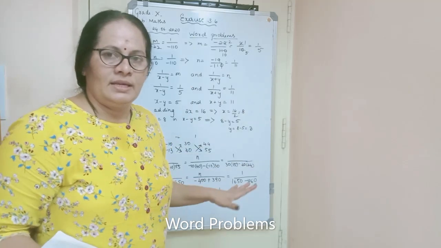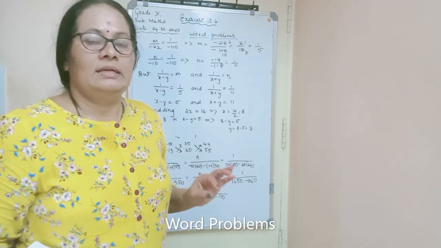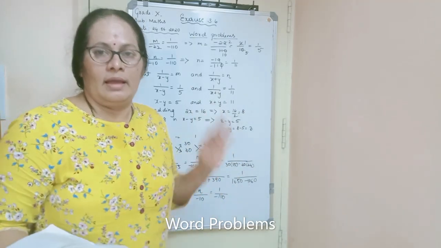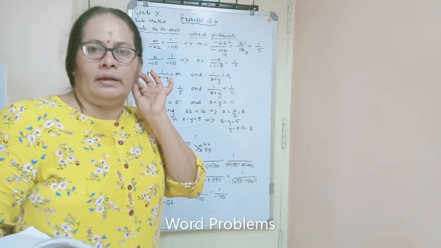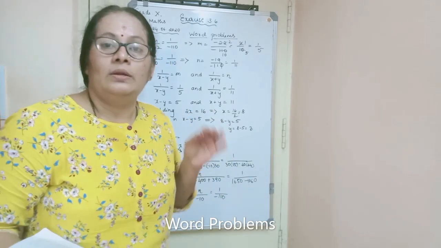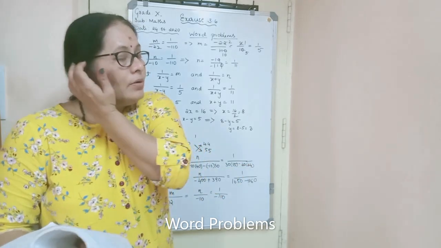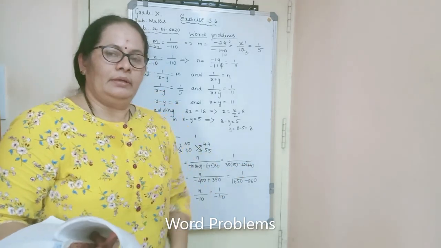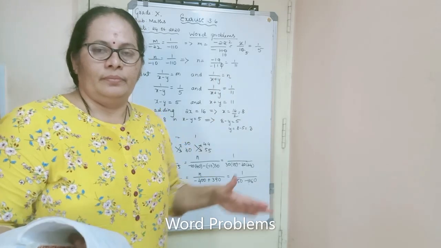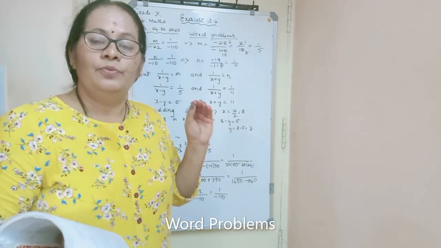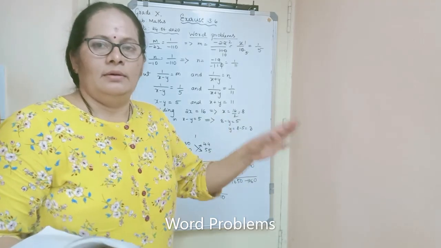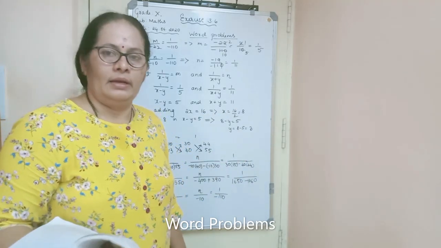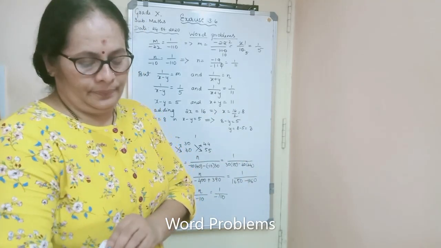So for upstream, the speed is x minus y, where x is the speed of the boat and y is the speed of the current or water or stream. But for downstream, the speed is x plus y, where x is the speed of the boat and y is the speed of the current, stream or water.